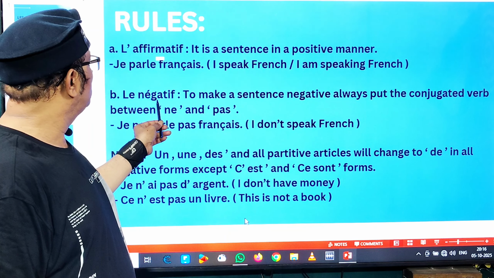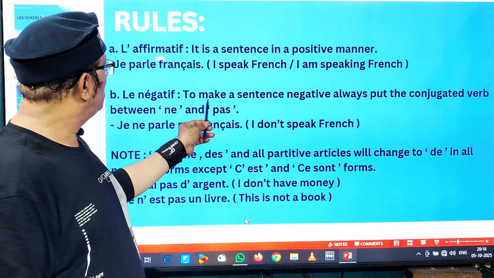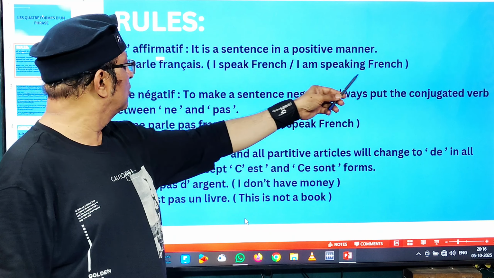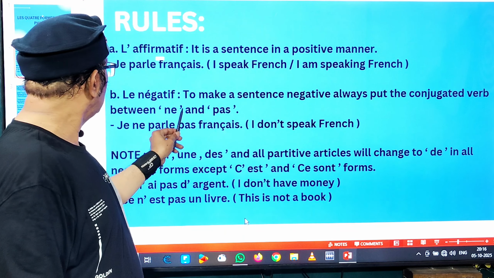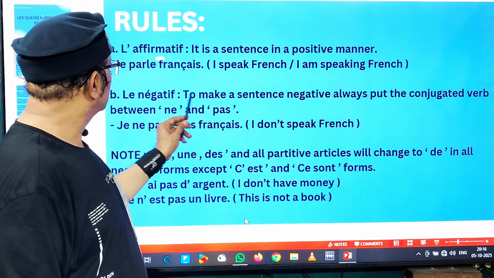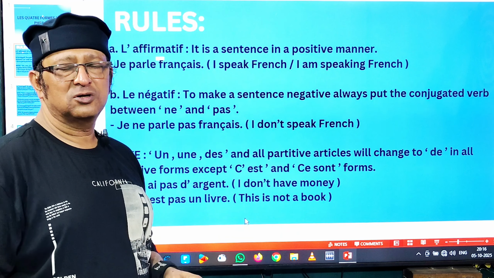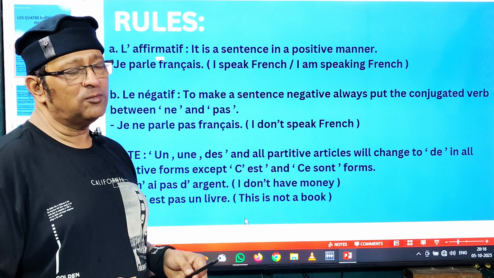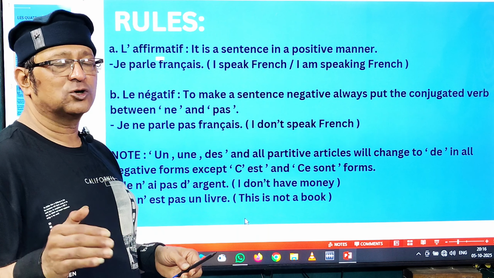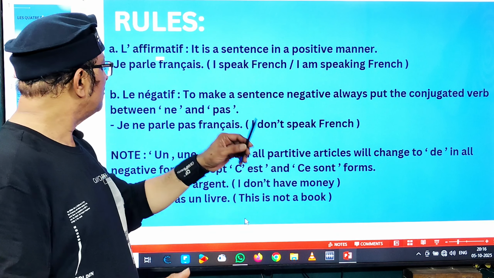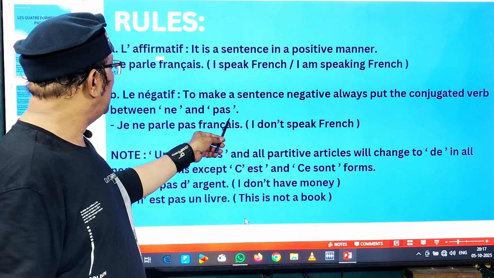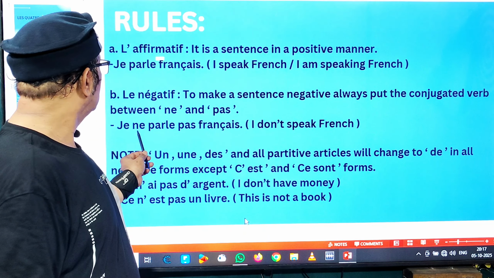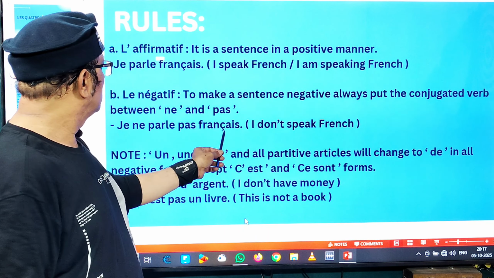Le négatif. Simple negative form. To make a sentence negative, always put the conjugated verb between ne and pas. Once again, to change an affirmative sentence to negative form, you have to first find out the conjugated verb, not the full verb, the conjugated verb, and then put that verb between ne and pas. Like in the example, you can see, je ne parle pas français.